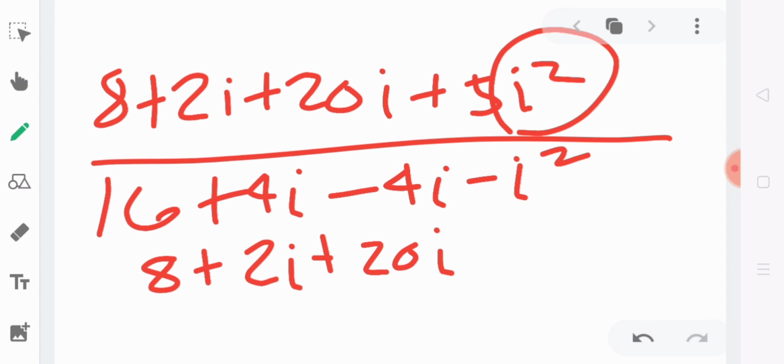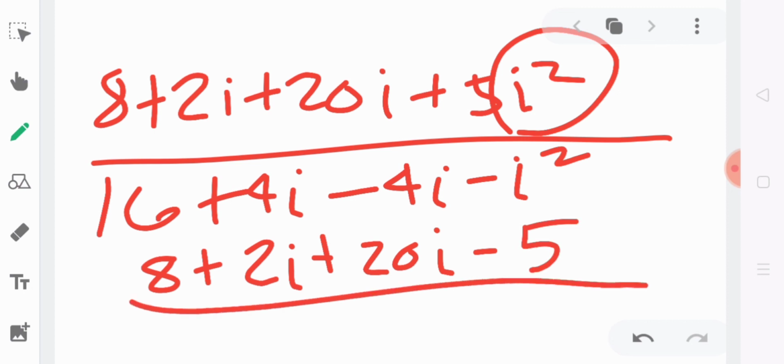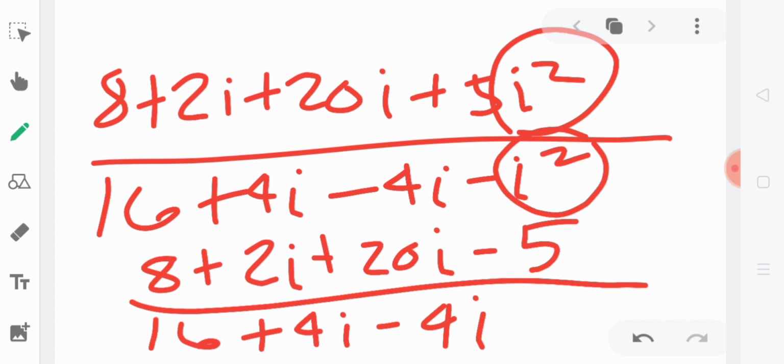So 5 times negative 1 is negative 5. Over 16 plus 4i minus 4i. Then negative i squared, with i squared equivalent to negative 1, becomes positive 1.